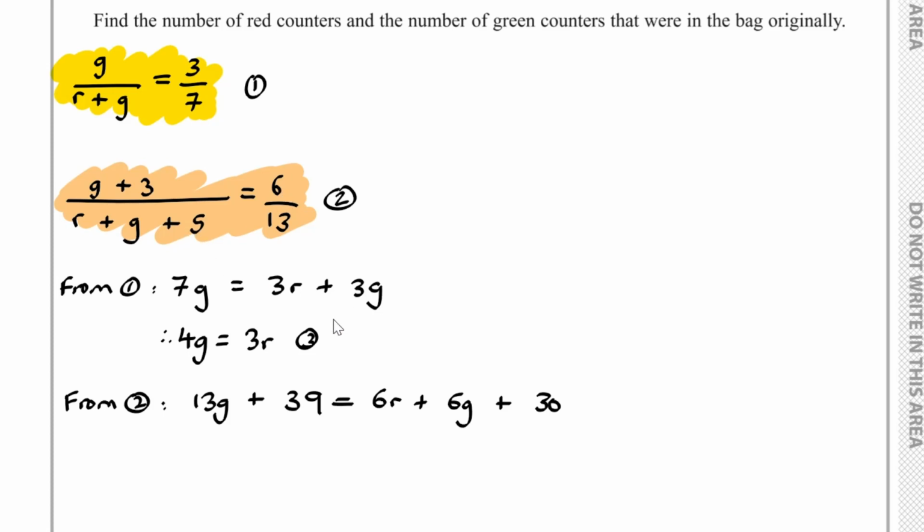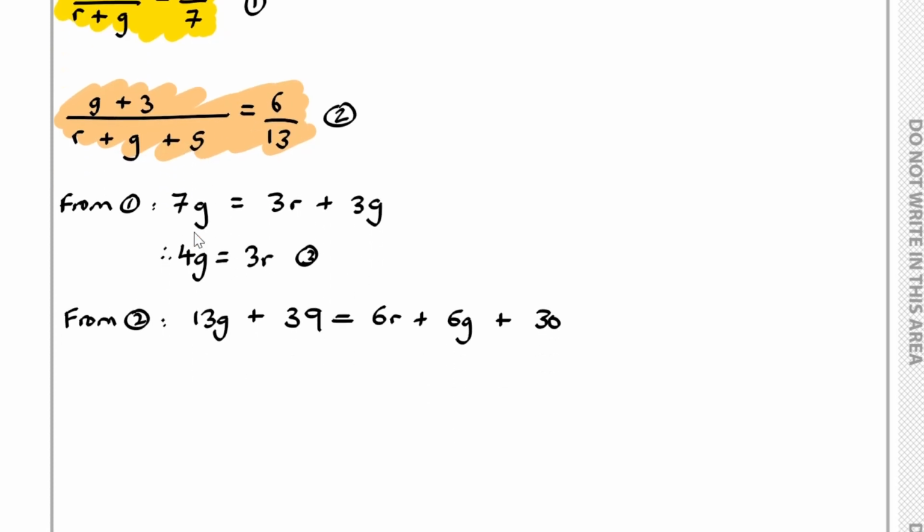Okay, 6 times 5 is 30, 6 times g is 6g, 6 times r, that's 6r. And if we tidy all of this up, it turns out we get over here 7g, that's equal to 6r minus 9. Okay, we'll call this equation 4.